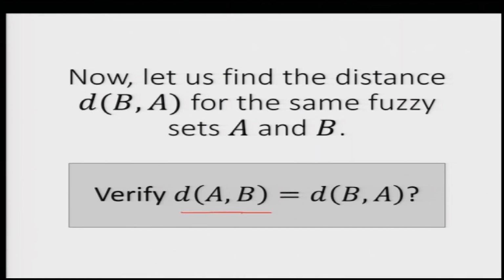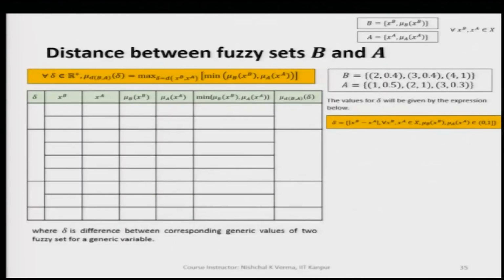So, we have fuzzy sets A and B. Let us now find the distance between B and A, for the same example that we have already taken. Please note that here we will take B first and then A, and let us now enter all these values in the table, which we have already discussed how to fill up.